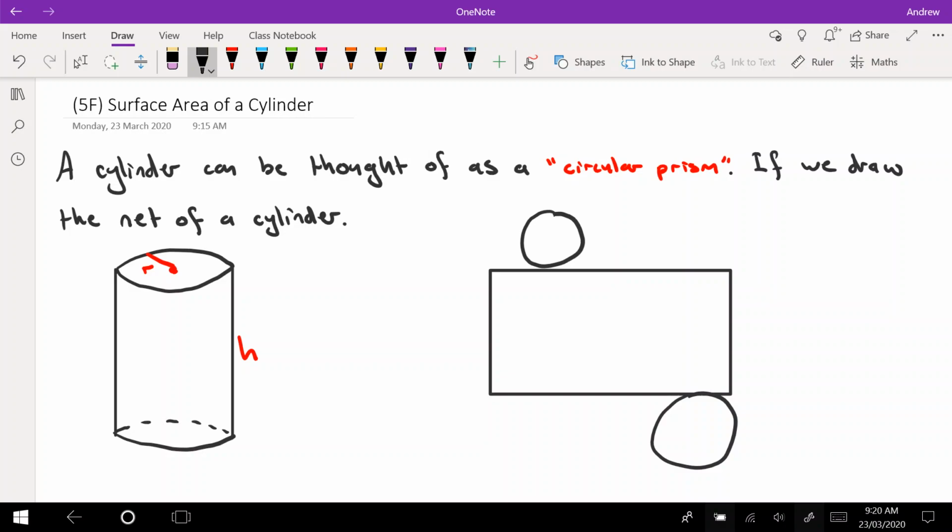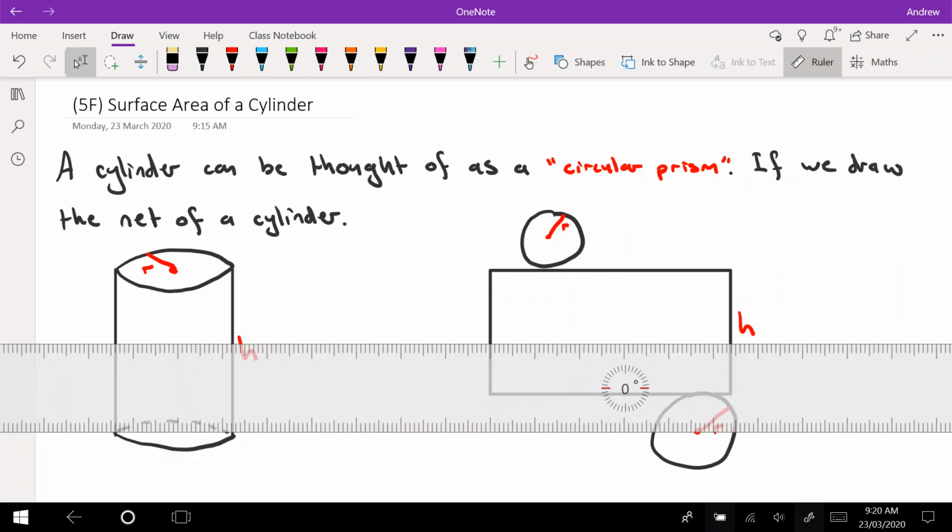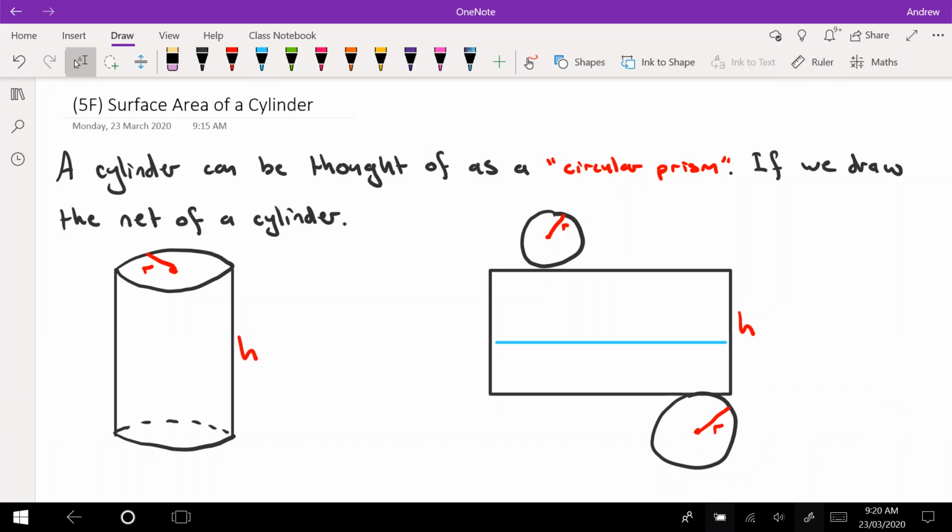Now let's pretend it's a perfect world and those circles look the same size, but they're not. Each of these circles has that same radius r, and this will still be the height of the prism, but what we need to figure out is this length in here. We need to figure out how long this is going to be.